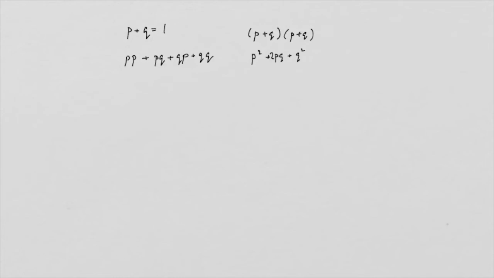But we don't have to. We could write it as p times p, plus p times q, plus q times p, plus q times q. And we can extend that further.